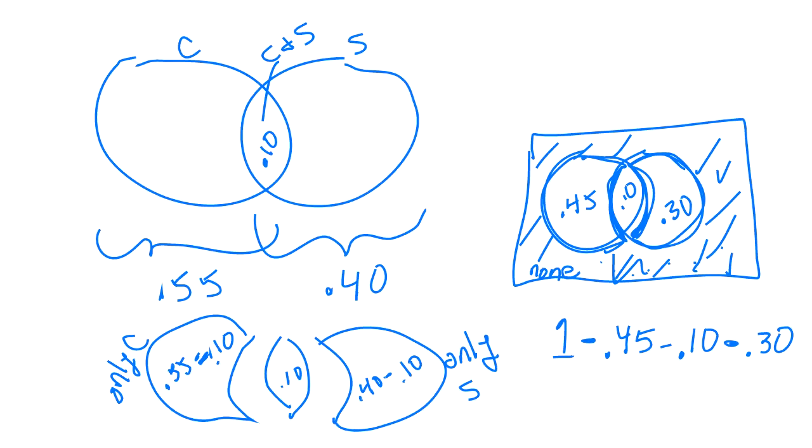And that 1 represents 100%. So we have 100% minus 45% minus 10% minus 30%, and those are distinct areas. When you add all those up, 75, 85, that leaves you 0.15. So 15% like neither.